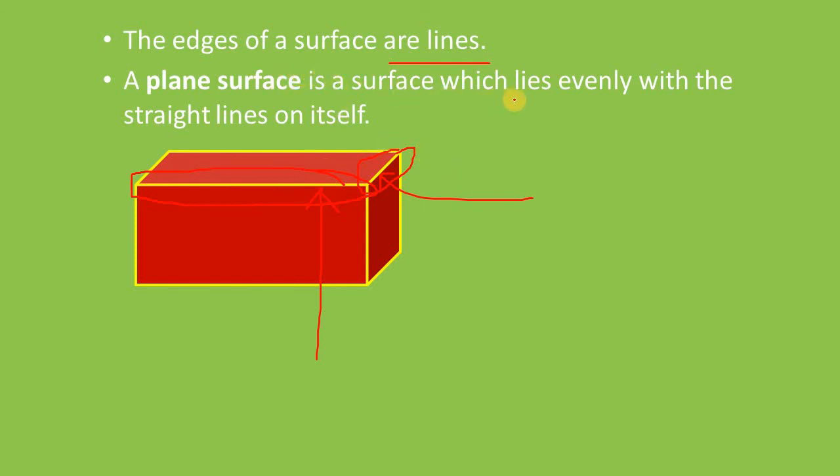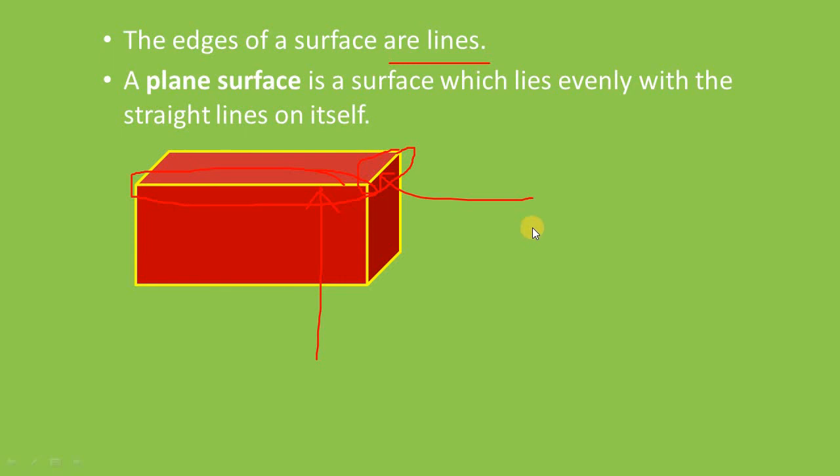A plane surface is a surface which lies evenly with the straight lines on itself.